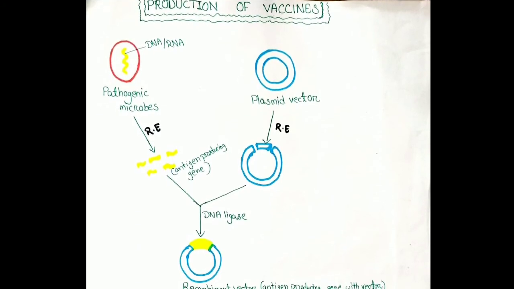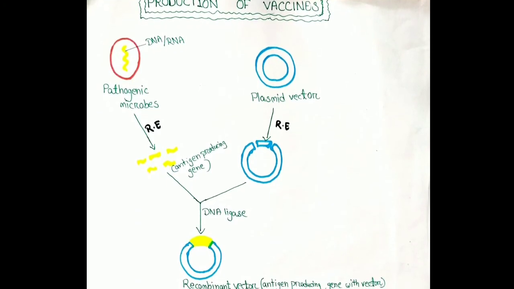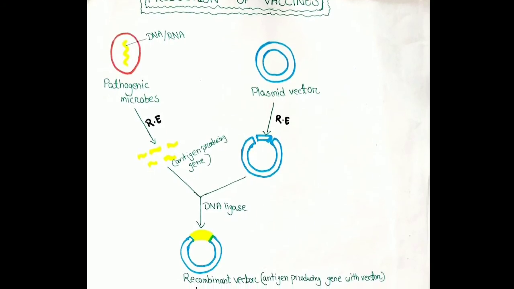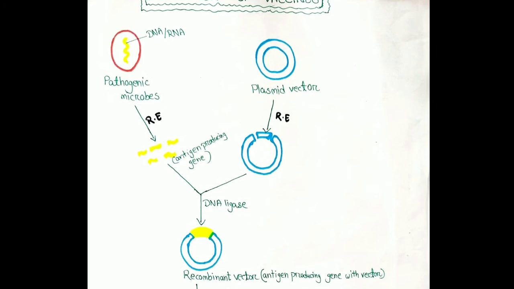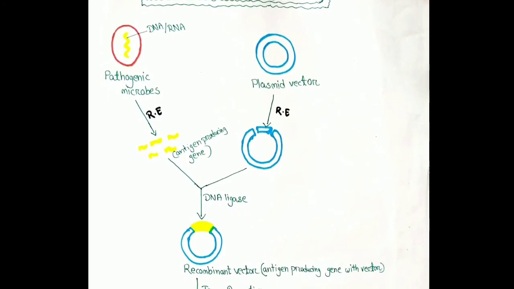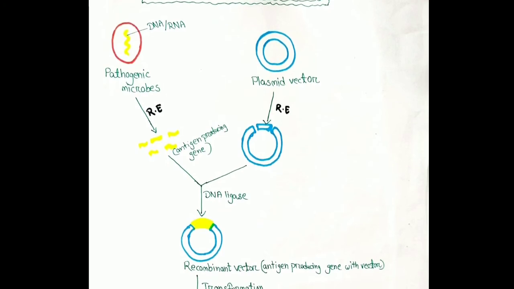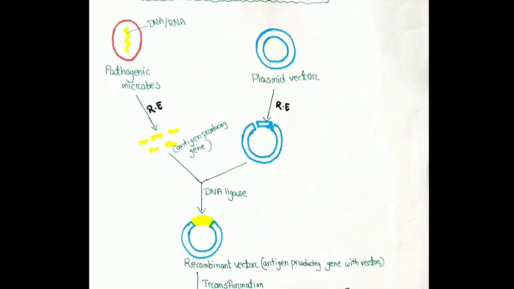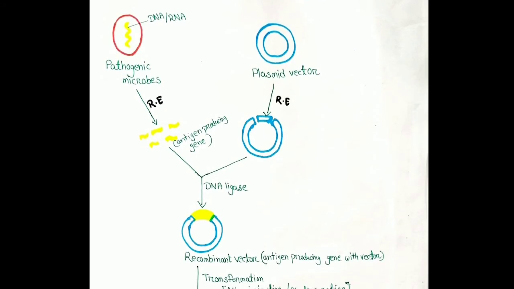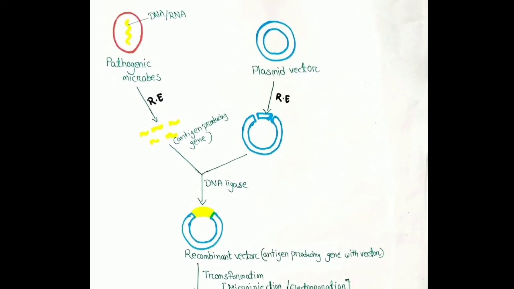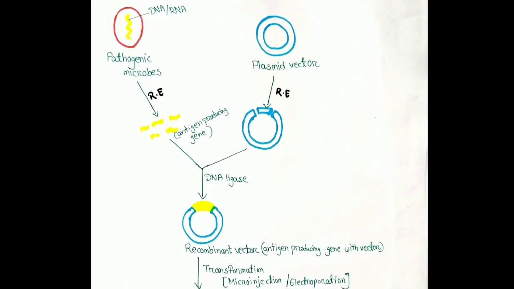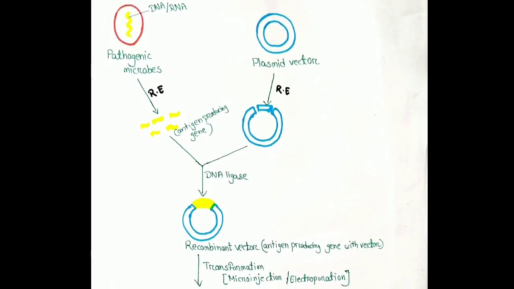The first step is to isolate the DNA or RNA of those pathogenic microbes, and also isolate the plasmid vector, which acts as a carrier. After isolation, using restriction enzyme, make the plasmid vector and the antigen producing gene fragmented.